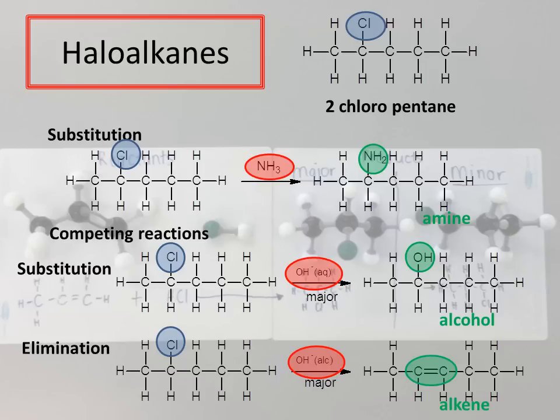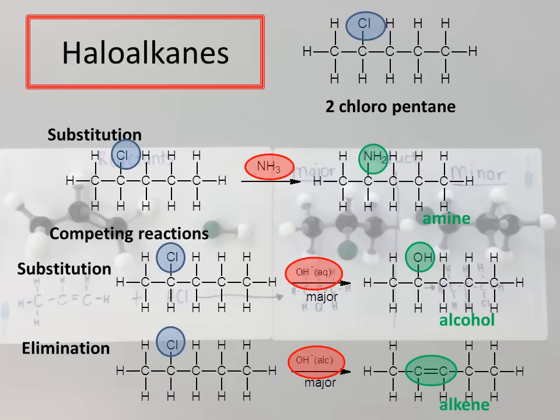So these two are said to be competing reactions, because for the substitution reaction, you would have OH minus dissolved in aqueous, and it would produce an alcohol as the major product, but it would actually produce an alkene as the minor product.